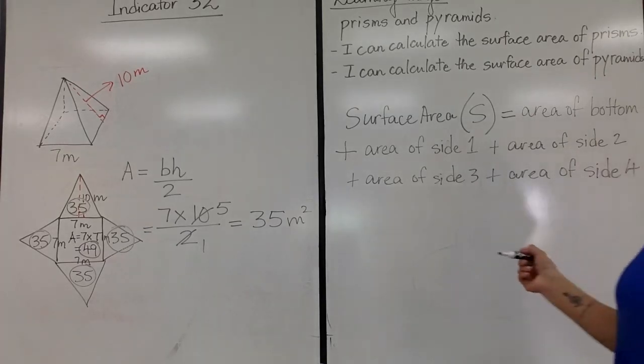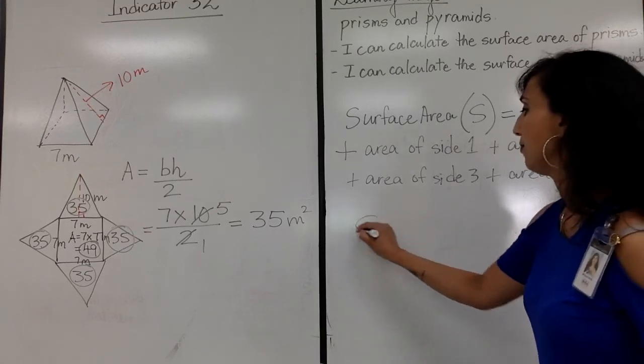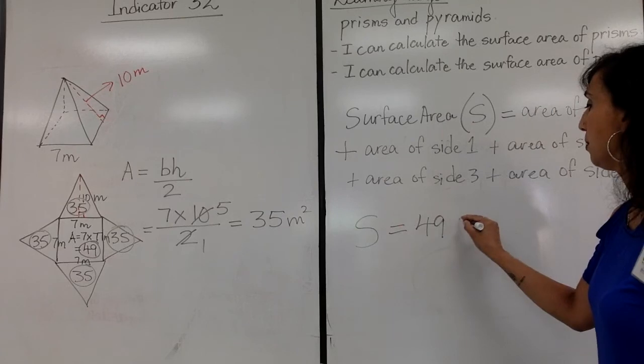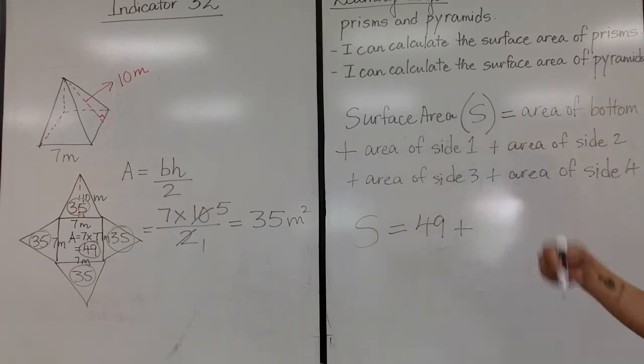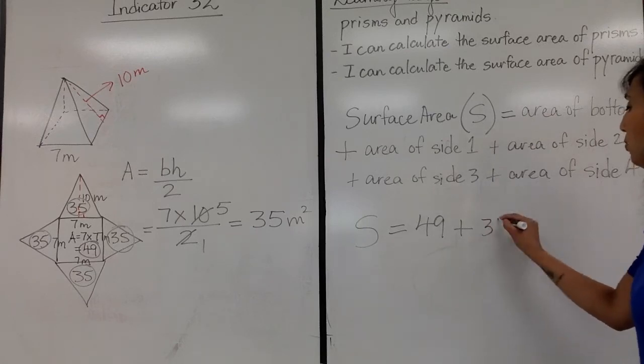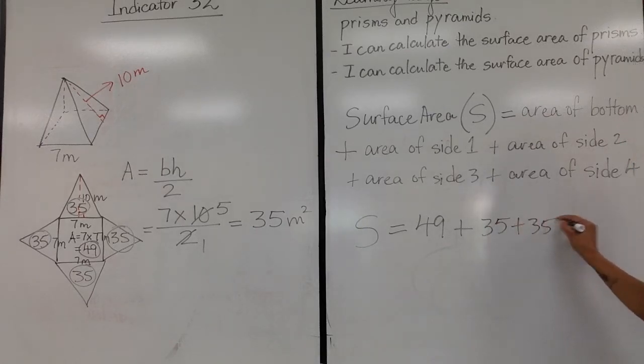So what is the area of the bottom now? The area of the bottom for surface area, we have 49 plus I can do 35 times 4 because there are 4 of those, or I can do 35 plus 35 plus 35 plus 35.